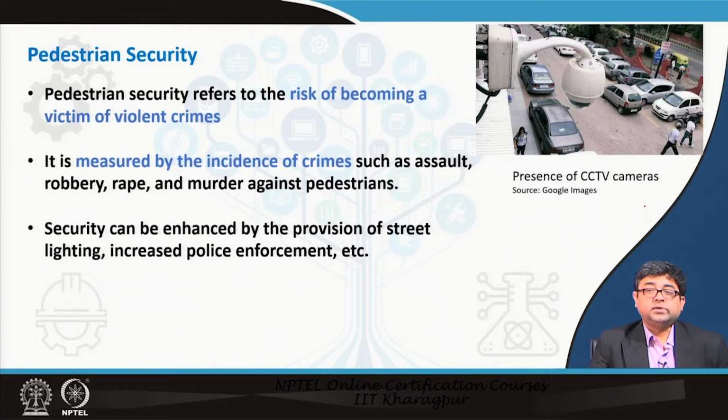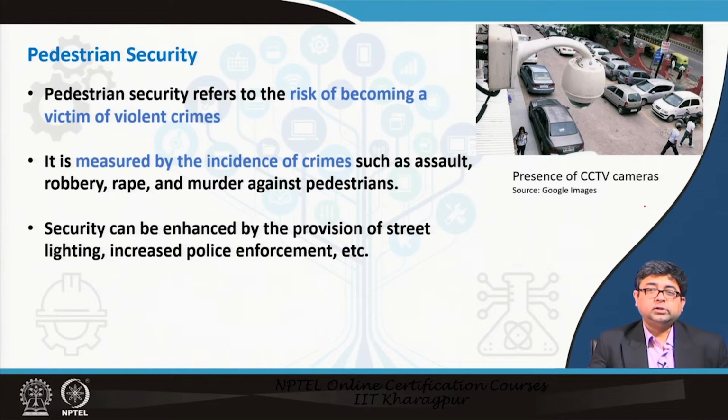So, what happens is when you are walking, there is a risk of being hit by a vehicle, but there is also the risk of being robbed, and the risk of other kinds of assault, because while you are walking you are vulnerable to the entire environment around you. While you are driving a motor vehicle, especially a car, you are surrounded by the environment within the car.